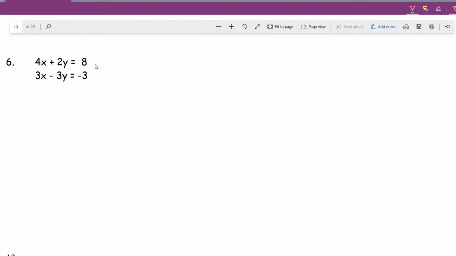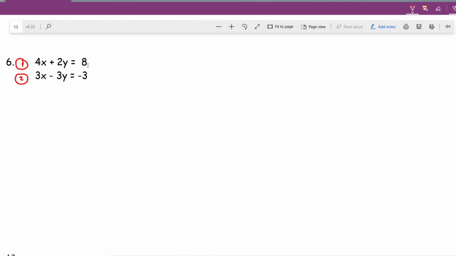Okay, so let's have a look at this one. Now they're getting a bit more tricky because one is not a straight multiple of the other. So again, call that equation 1, call this equation 2, and this time I'm going to eliminate the y's because I don't like too many negatives in there. I just need to add the y's together to make them disappear once they're the same, and end up with the x's.